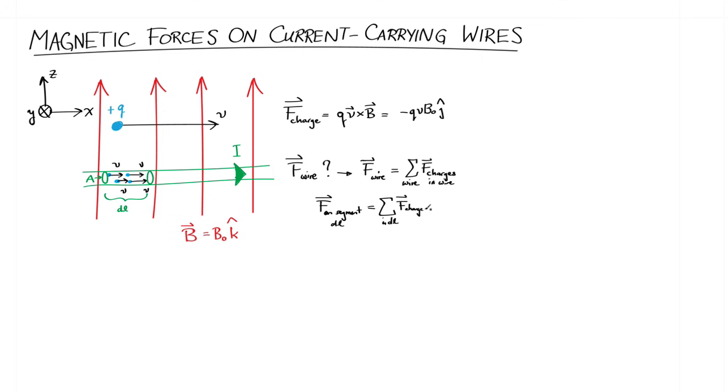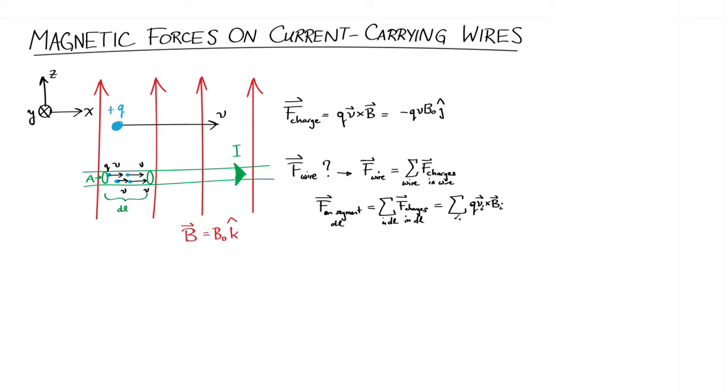So that's going to be F charges in DL, right? Okay, so let's say that each one of these charges in the wire has some charge Q. It's going to just be a sum of Q V cross B for each one of all the charges in DL.